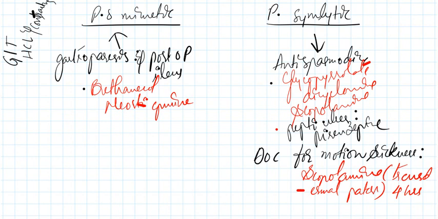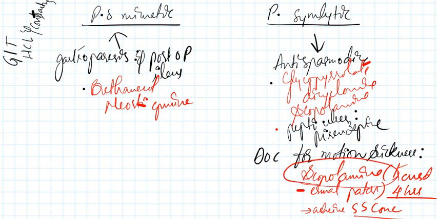Why 4 to 5 hours before? Because in order to achieve steady state concentration of the drug, you should keep the patch 4 to 5 hours before the journey. Okay.